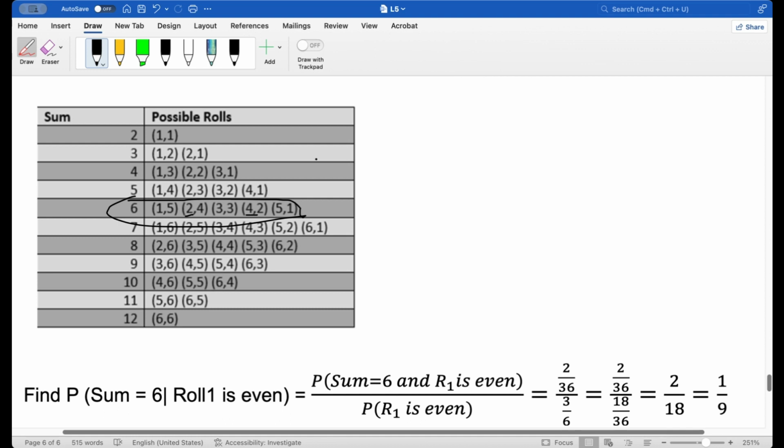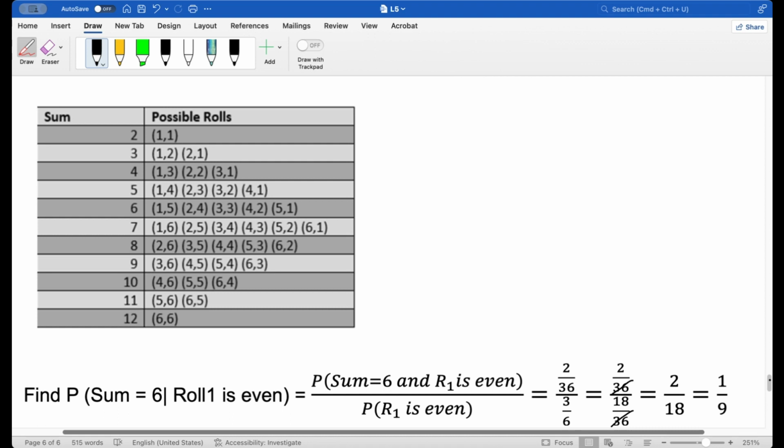So there are 2 ways to satisfy the intersection, sum 6 and R1 even. That's 2 out of 36, divided by 18 over 36. The 36's cancel out, and we're left with 2 out of 18, or 1/9. So the probability that the sum is 6 given roll 1 is even is 1/9.